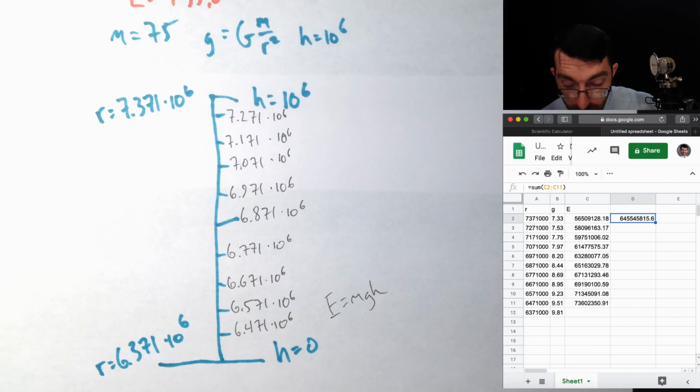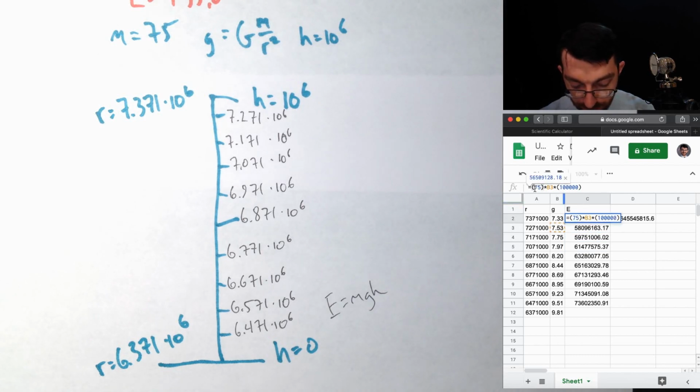Okay. Now, I know not all of you have taken calculus. However, you all have taken pre-calculus. Now, I want you to look at the form of this formula. Okay? I am multiplying two constants, 75 and 100,000, by that column.